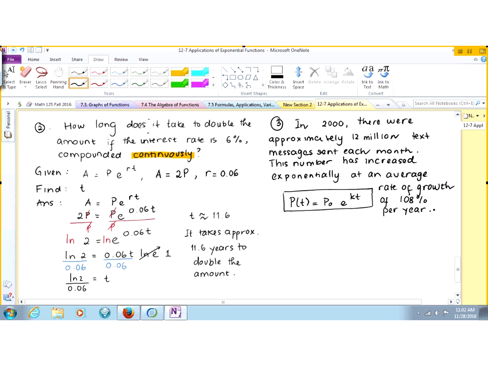Okay, now the question is, A, find the exponential growth function that models the data.